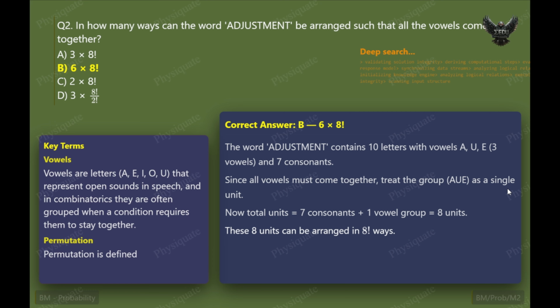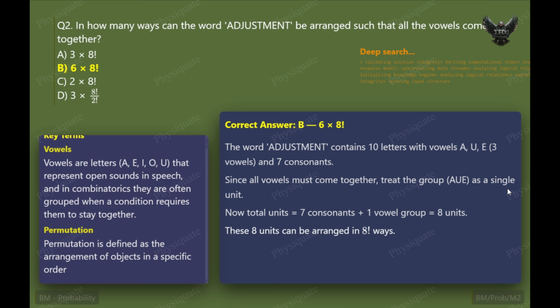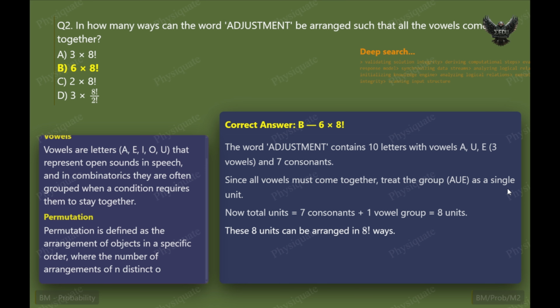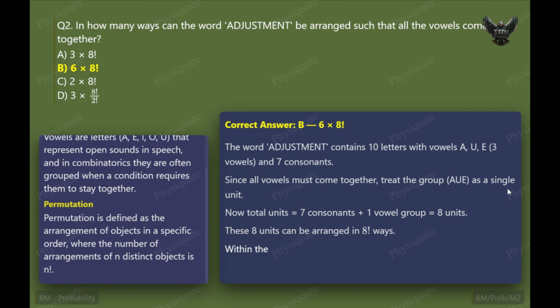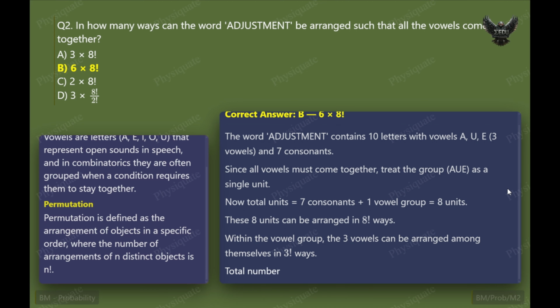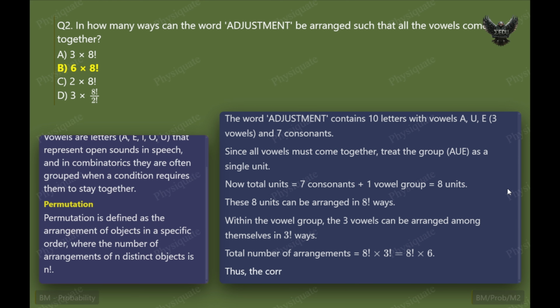Permutation is defined as the arrangement of objects in a specific order, where the number of arrangements of n distinct objects is n factorial. Within the vowel group, the 3 vowels can be arranged among themselves in 3 factorial ways. Total number of arrangements equals 8 factorial times 3 factorial equals 8 factorial times 6. Thus, the correct answer is 6 times 8 factorial.